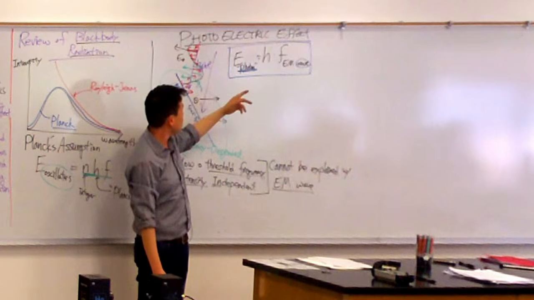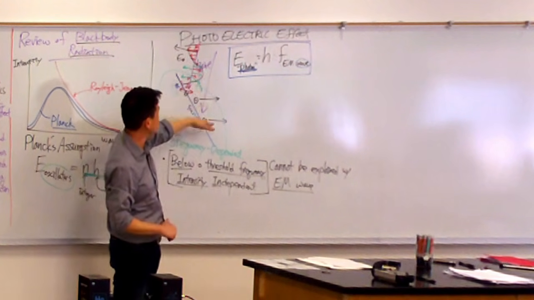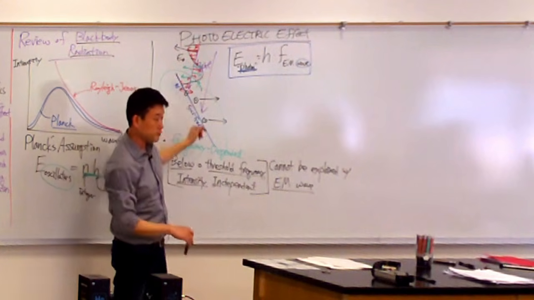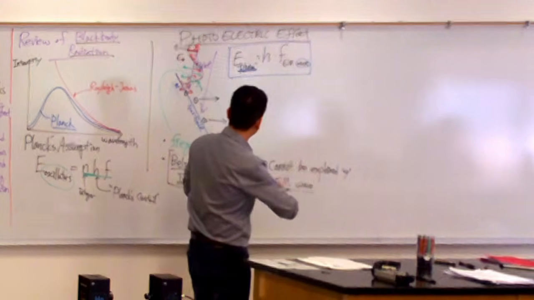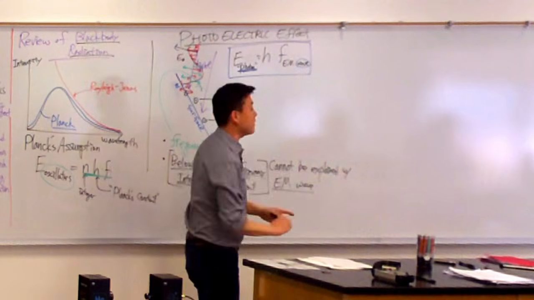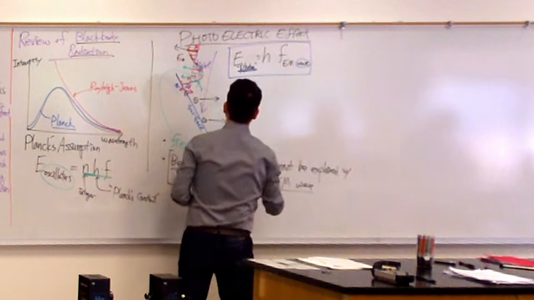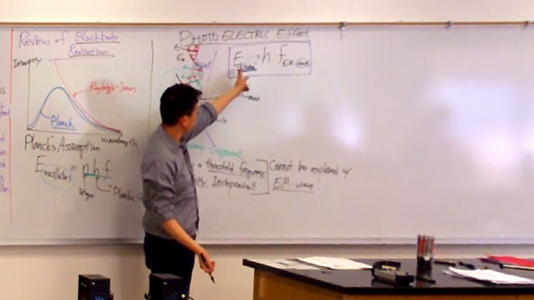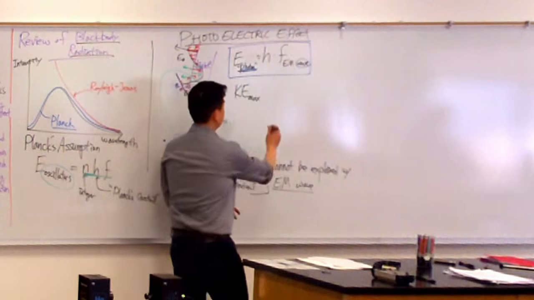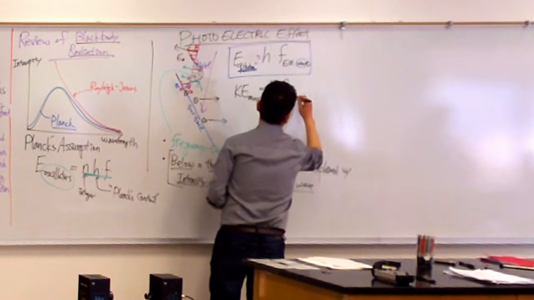One of the things you can do is you can then treat this like a collision between a particle and another particle. So this is what your lab is about. You could say things like the maximum kinetic energy of the electrons that are popping out must come from the energy of the photon. That would be Planck's constant times the frequency of light.